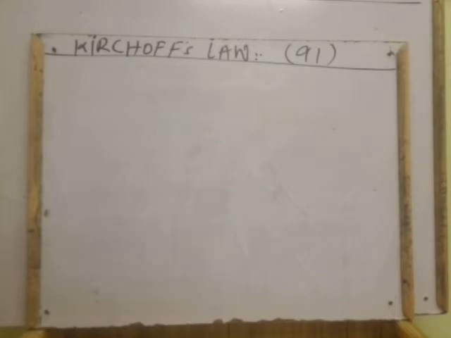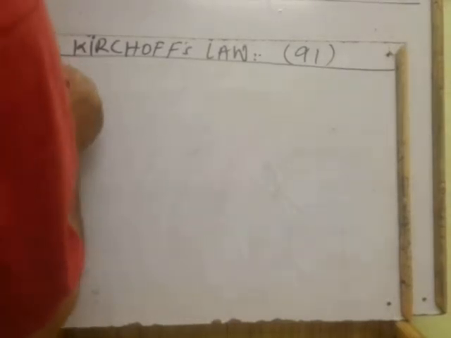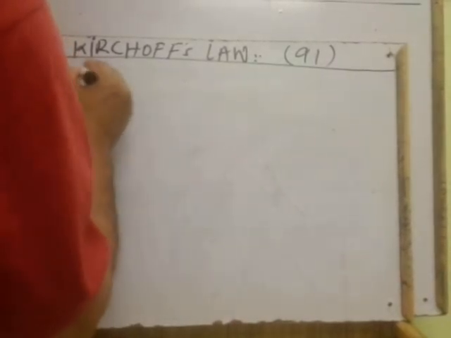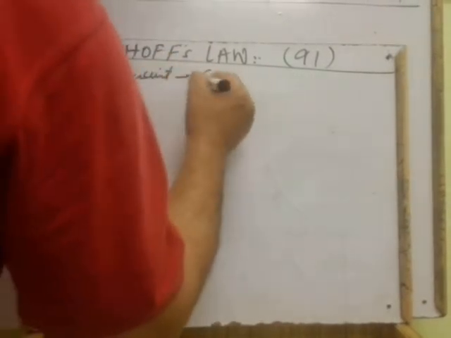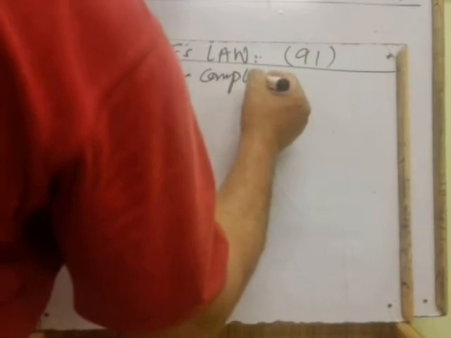Dear student, before going into the details of this topic, let me tell you that basically we have two types of circuits. The first one is the simple circuit, and the other is the complex circuit.